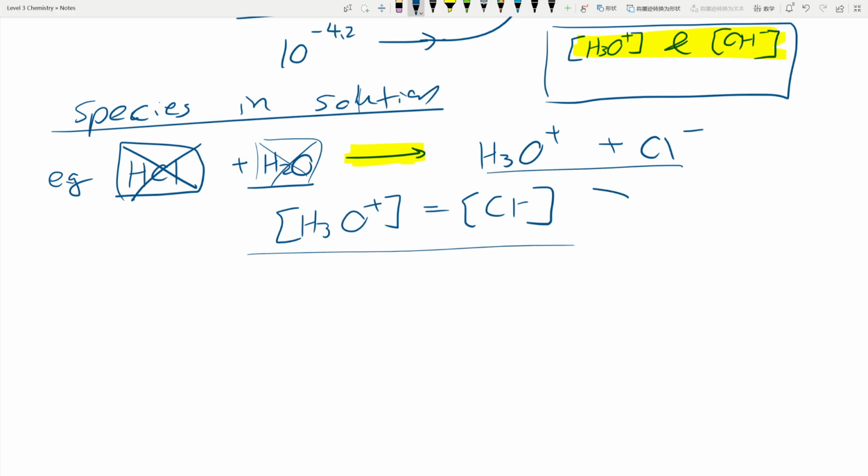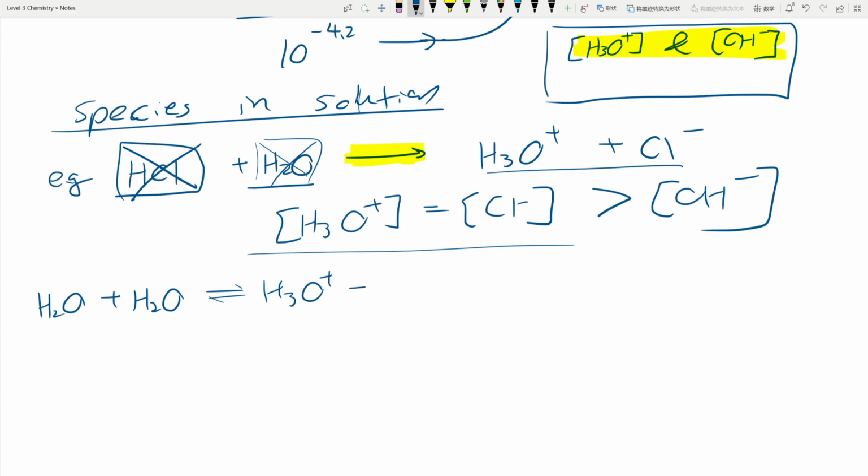Well, water dissociates with each other and turns into H3O plus and OH minus. So you always have a small amount of each in every single solution that has a bit of water in it.